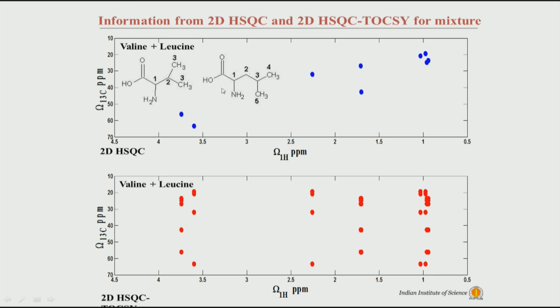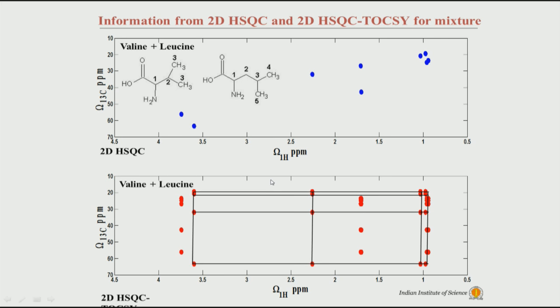There is no connection between them, so this will exist independently of this spin system. Now, if you look at this picture, I have joined the lines corresponding to a given spin system, meaning all these red peaks show correlations to each other. This whole spin system, this vertical line, belongs to one molecule. Similarly, this line belongs to one molecule.